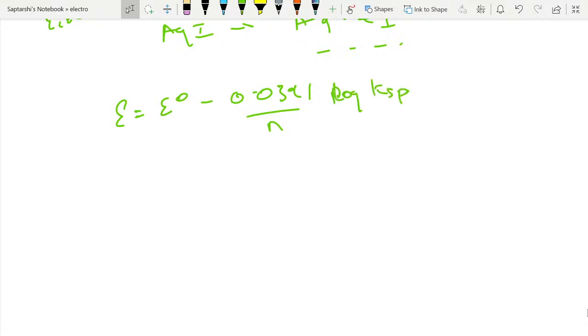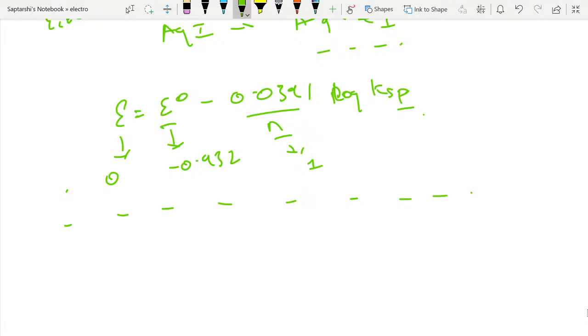We can take this log of the equilibrium constant or KSP. So E dot we know is minus 0.952, N is 1, and KSP needs to be found. So we can do it, right? We just have to change sign and we can find log KSP. That's how it's done.